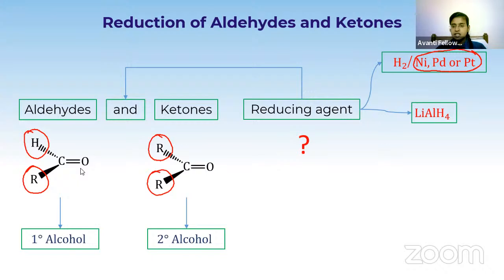And the third one is sodium borohydride, NaBH4. These are the three very important reducing agents capable of reducing aldehydes and ketones to alcohols. You should not forget these concepts. These are very important basic concepts of organic chemistry, which will follow you in the next lesson itself. So please have a look at it.